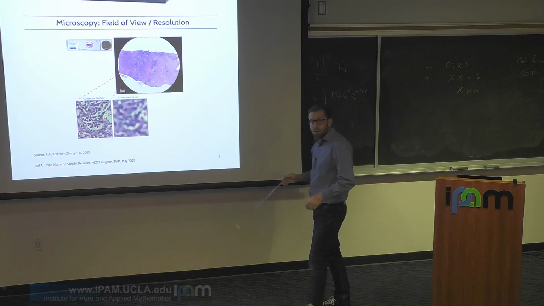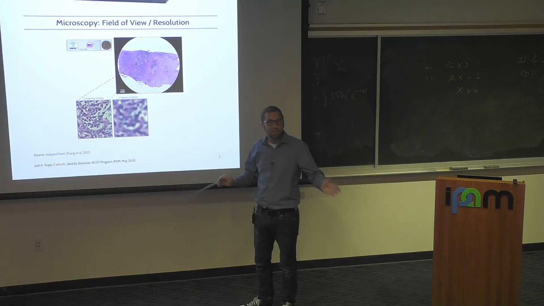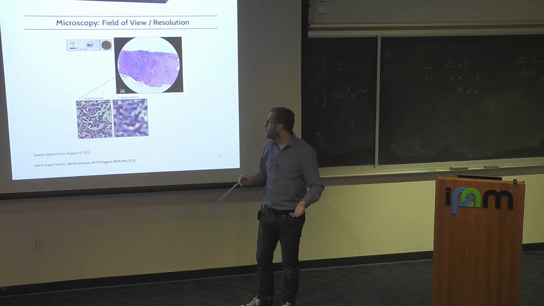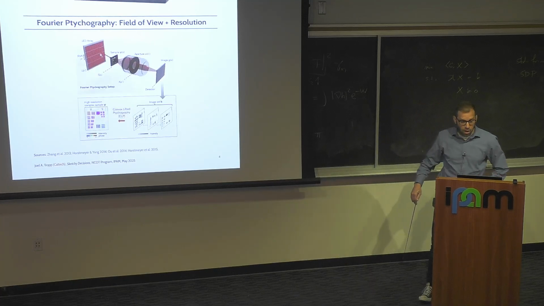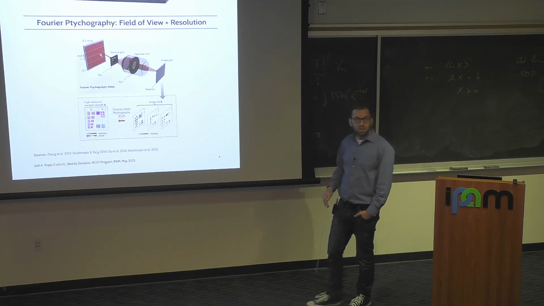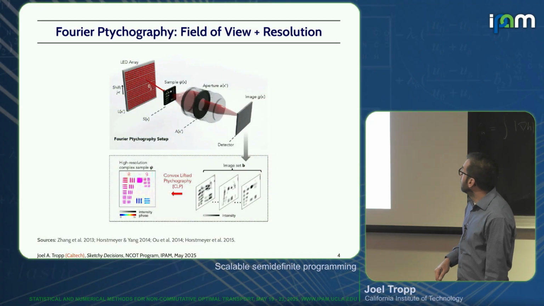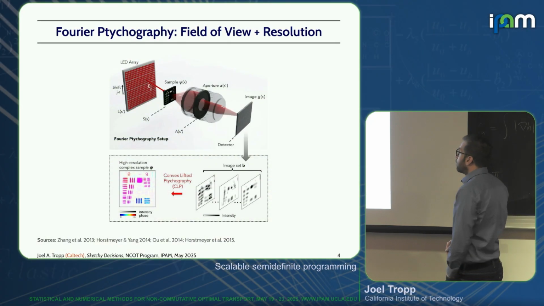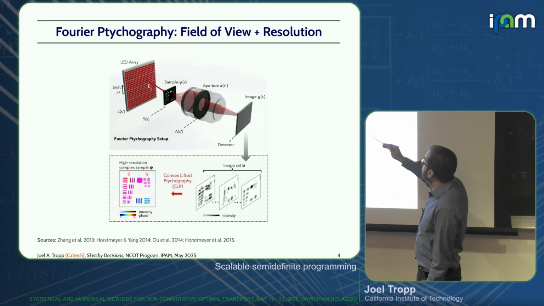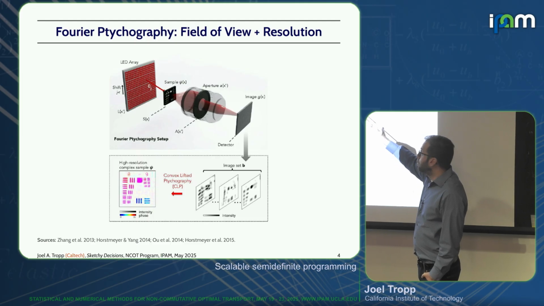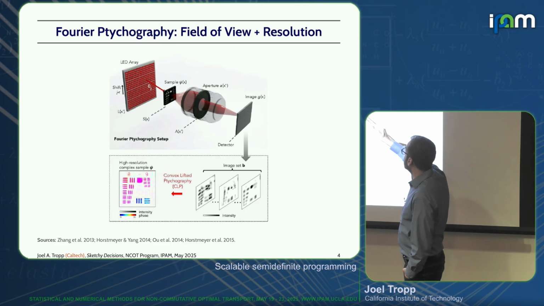So the question is whether you can construct a microscope that achieves both high resolution across the entire image and has a wide field of view. My colleague, Changwei Yang, and his group invented such a contraption. This is called a Fourier ptychography microscope. The idea here is that we are going to use a standard microscope objective to image the sample. So here's the sample, here's the objective.